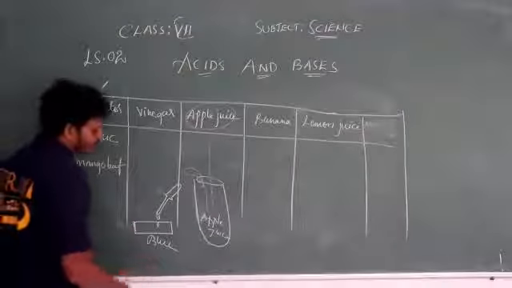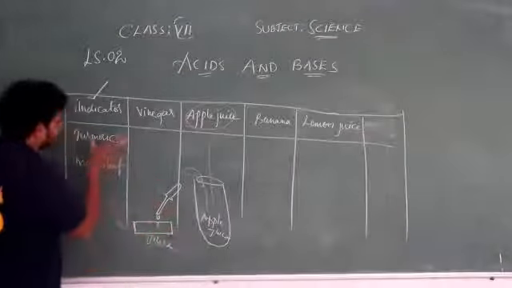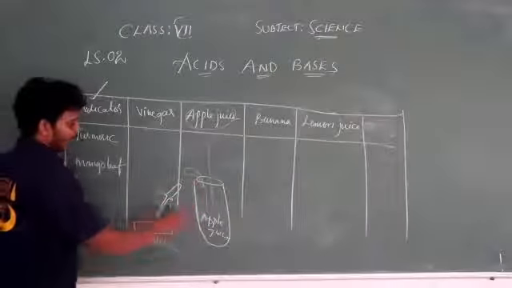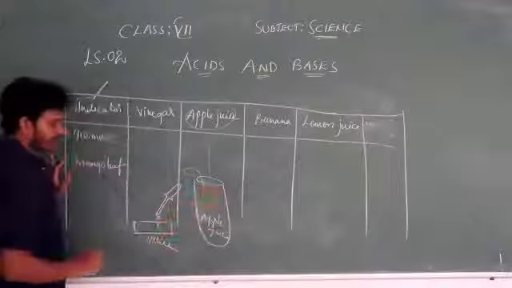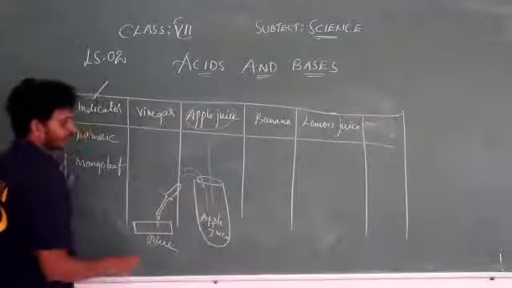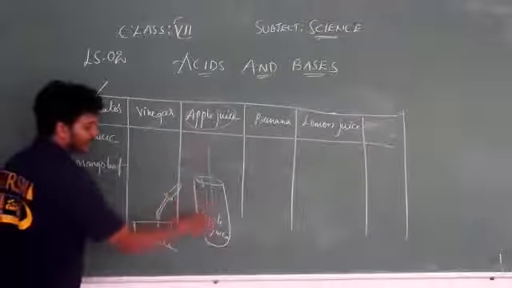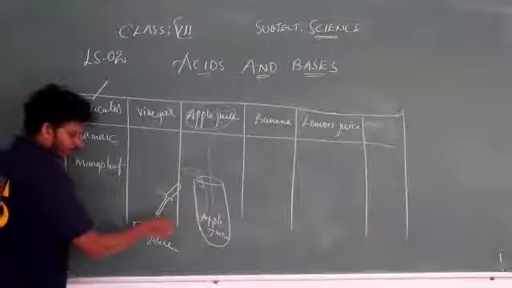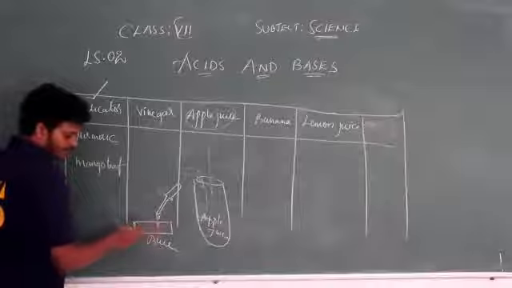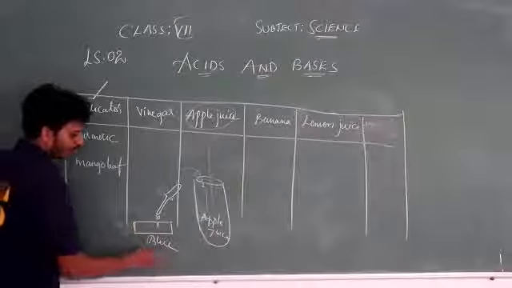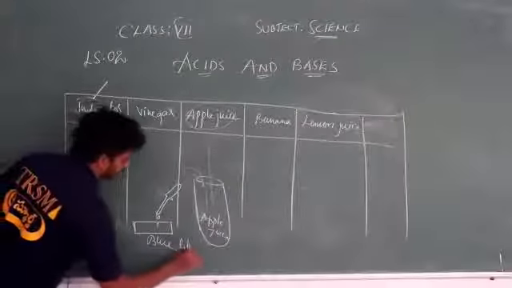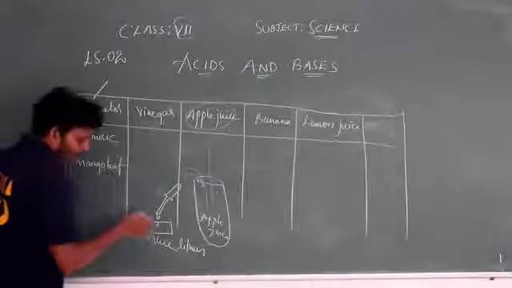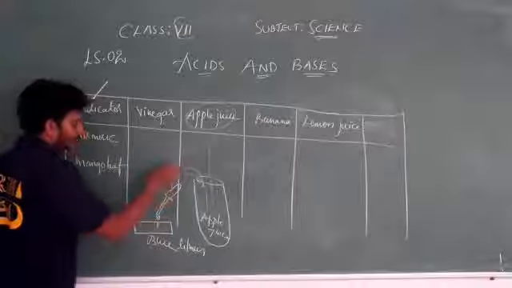First we are discussing the indicator. What is an indicator? Now I'm taking a big test tube. In this test tube, I have taken a small quantity of apple juice, and now I took another material, blue litmus paper.